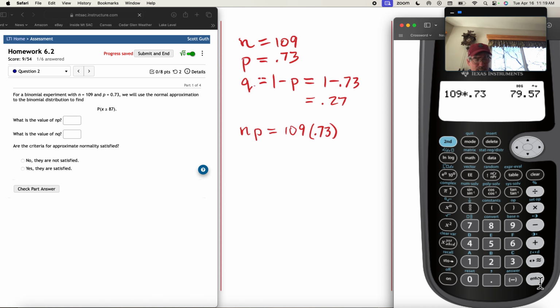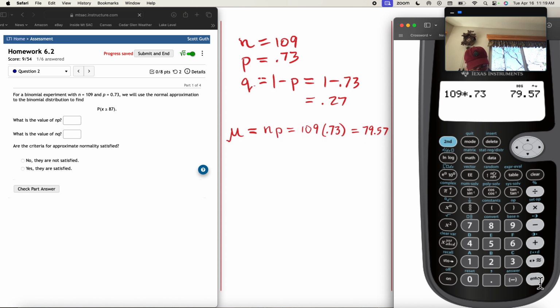It doesn't say to round it, so I'll write the whole thing down: 79.57. And you might note that this is actually the mean. So np is the mean in a binomial experiment. So I'm going to shrink that down and put that note right here. Mu is np. Okay, and we'll need that.